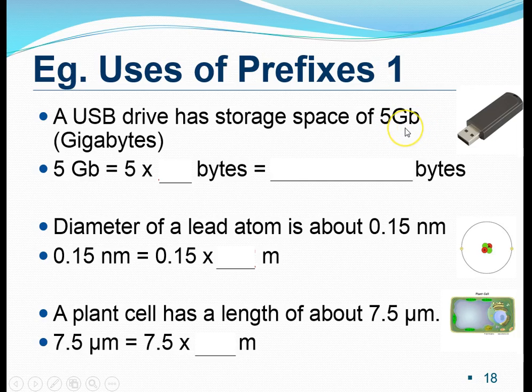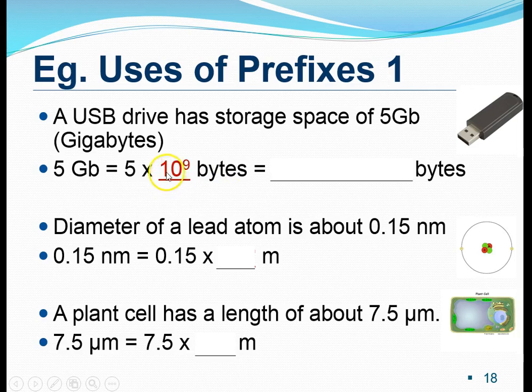Now, if you recall, giga represents a very large number. So on the next line, we can rewrite this as 5 gigabyte. And 5 gigabyte is simply 5 times 10 to the power of 9 bytes, because giga represents 10 to the power of 9, or 1 followed by 9 zeros.